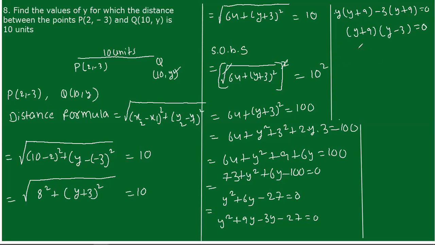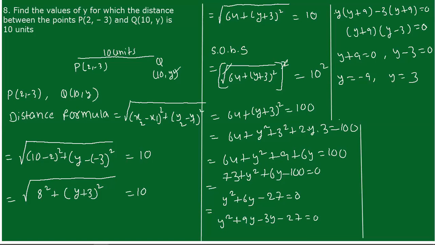Now I have (y plus 9) and (y minus 3) equals 0. So I can separate it: y plus 9 equals 0 and y minus 3 equals 0. So y equals minus 9 and y equals plus 3.